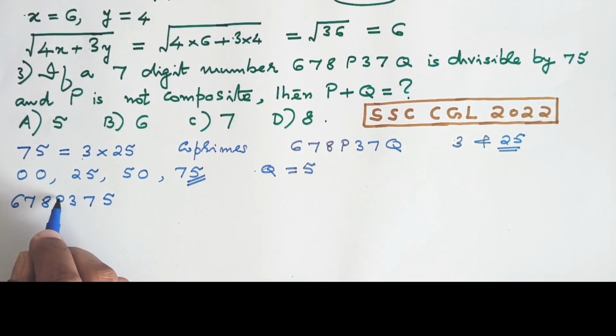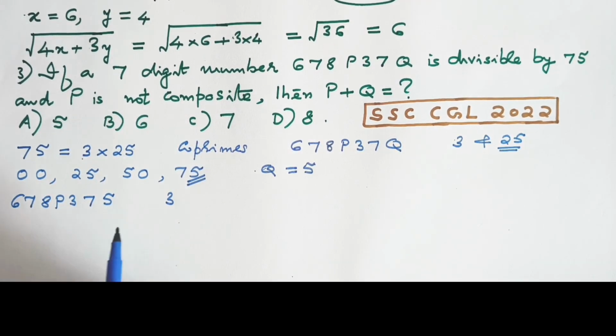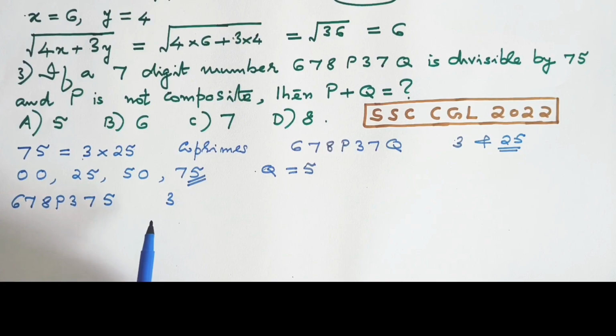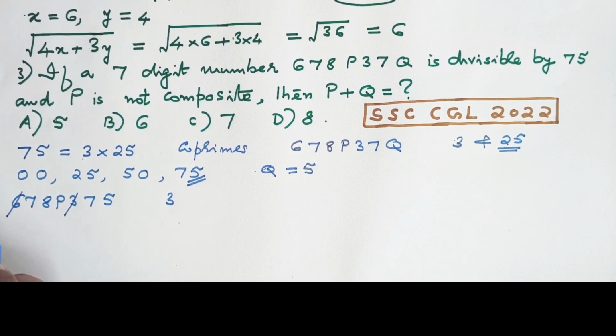Now we need to identify the value of P here, for which we use the idea of this number being divisible by 3. In my previous video, I've shown you the divisibility rule of 3. The shortcut is this. Cancel the digits of this number which are multiples of 3. Straight away you can remove 3 and 6 also. The other numbers are not individually divisible, but you can combine like this.